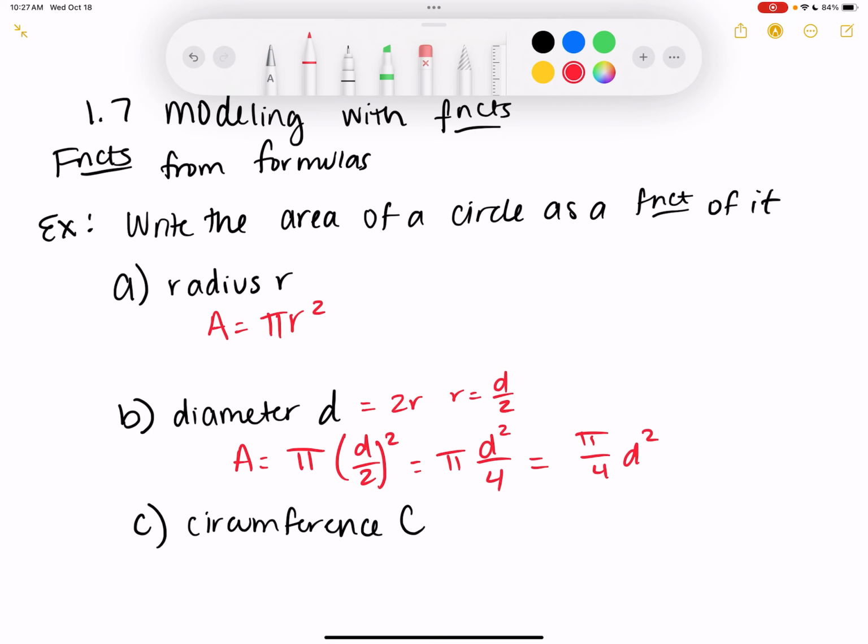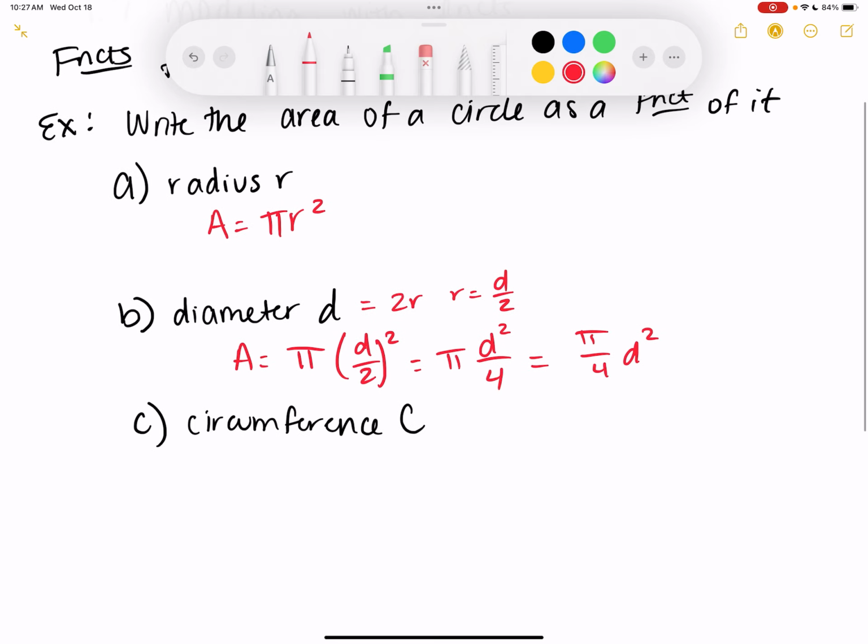And then lastly, circumference C. Do you remember what the circumference of a circle is? 2 pi r or pi d, yep, either way. I'm about to say 360 degrees. That is also true. I don't know if it'll help us here, but throw it out there.